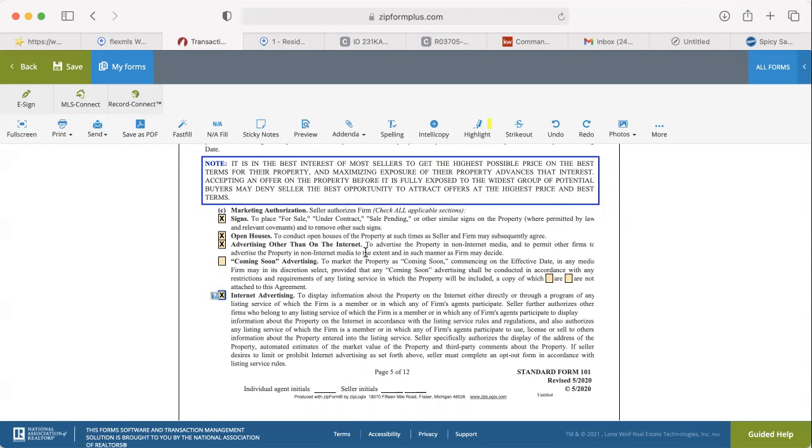Well, that's advertising other than on the internet, although it has its own block. Telling people about it. So that's really more of the advertising other than on the internet. I guess social media and Facebook would be considered internet.